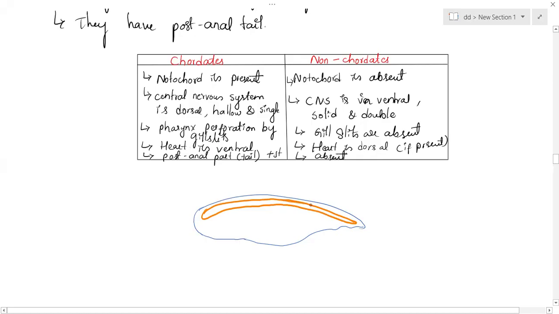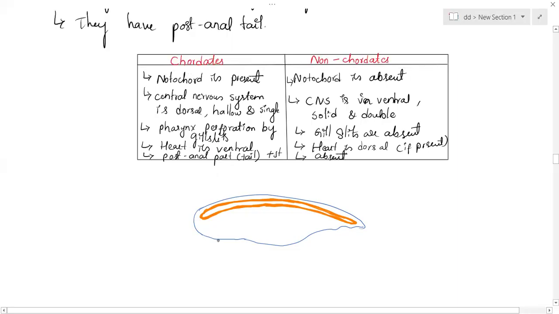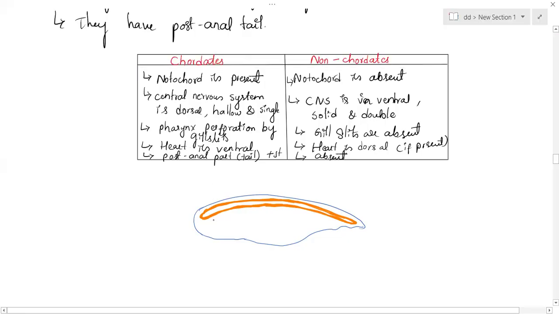I'll choose one more color and take a very small line.